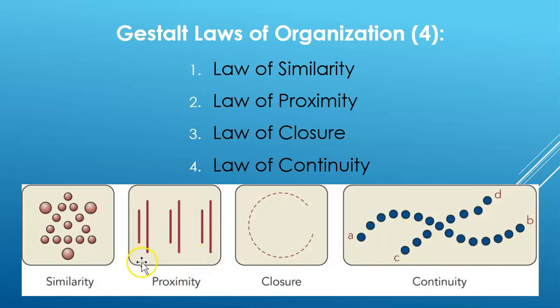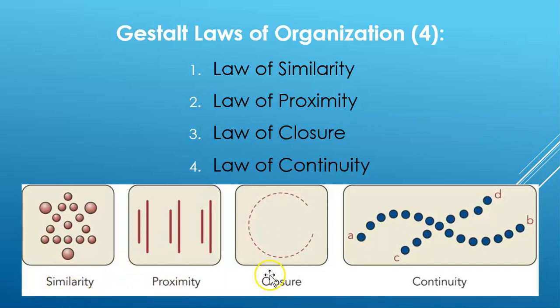So here we're using the law of proximity, that there's 3 sets of 2, a short and a long line. Whereas the law of similarity would say you have 2 sets of 3, where there's 3 long and 3 short. So that's the difference between proximity and similarity.